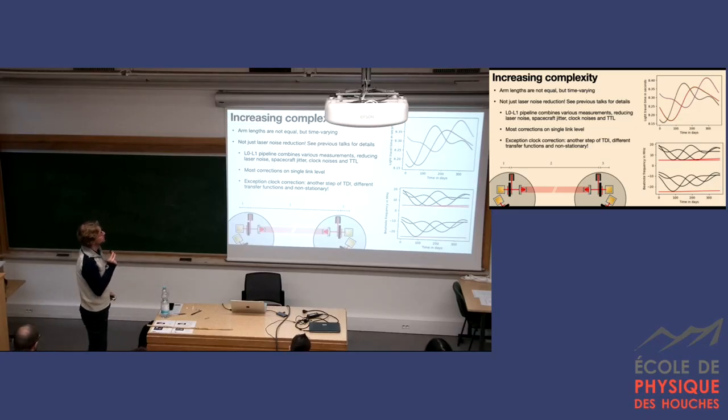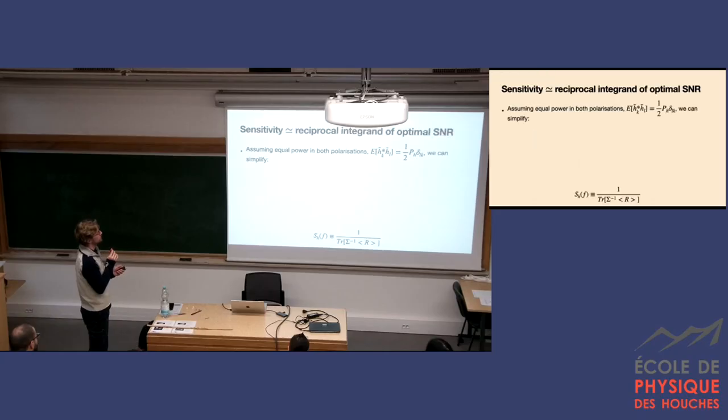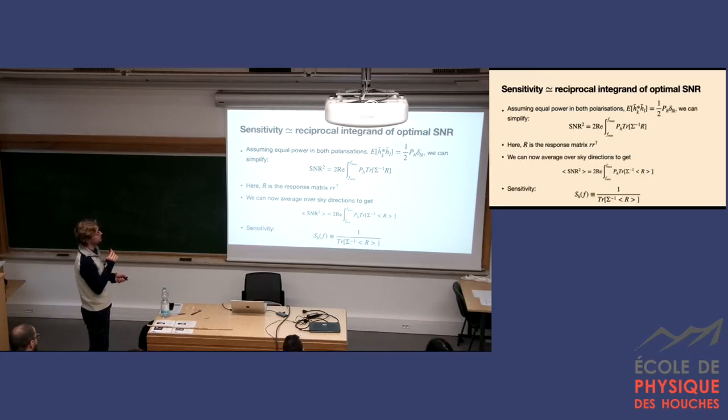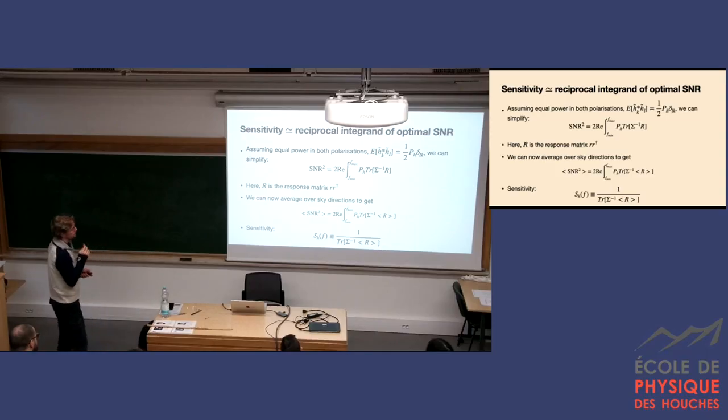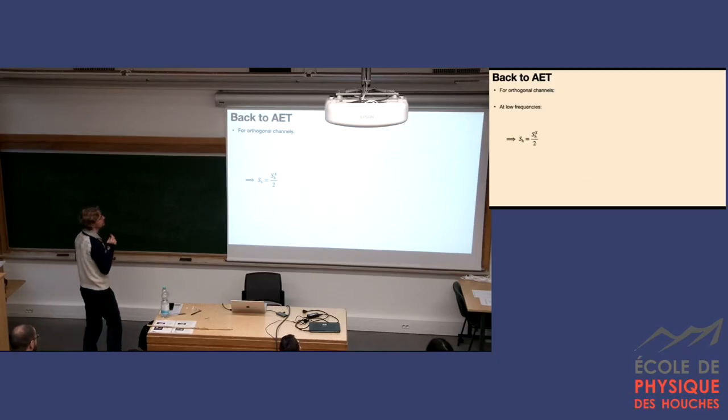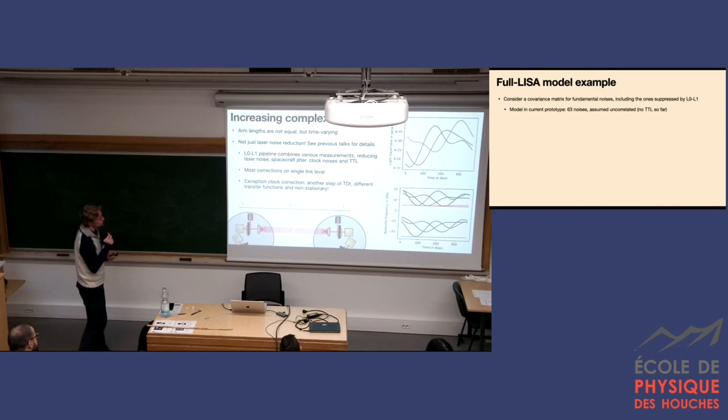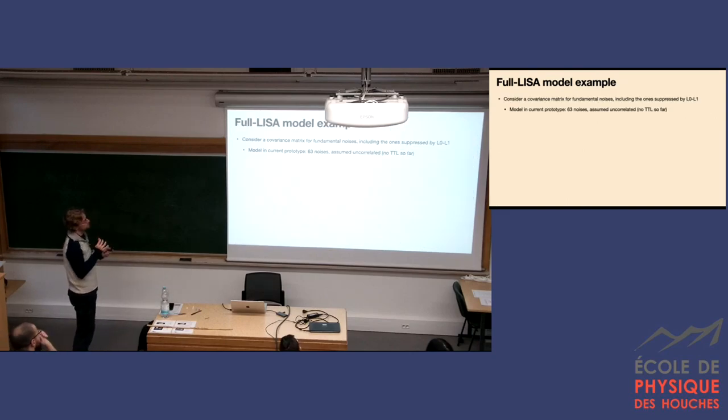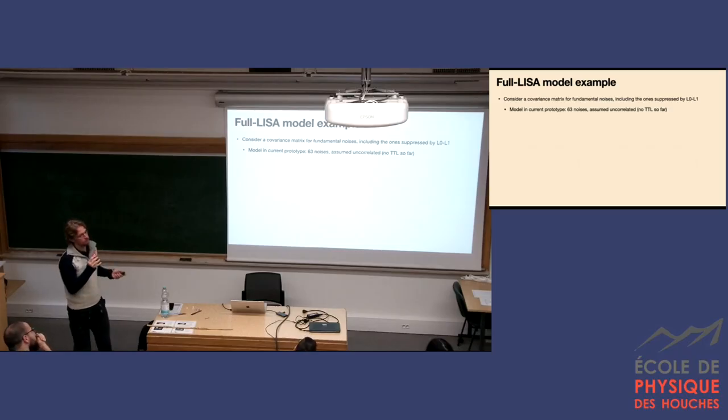Now, how do you model this? With increasing complexity, you can, in principle, use exactly the same expression that I derived here, this guy, which is more general than what you usually find in LISA literature, because it accepts a general noise covariance matrix. And what you can then do with that expression is consider a big covariance matrix for all of your fundamental noises.